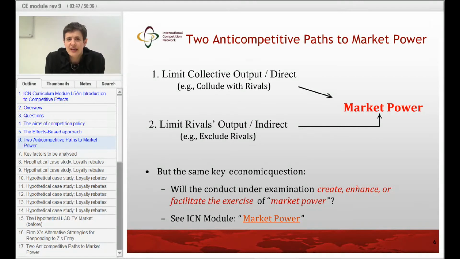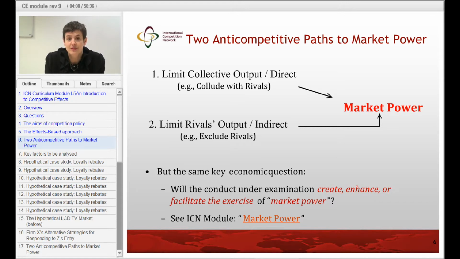Now, there are two key anti-competitive paths to market power. The first is direct. This is where there is a direct limiting of collective output or a direct increasing in price. Examples include where firms collude with their rivals, or mergers, horizontal mergers, fall under that heading as well.